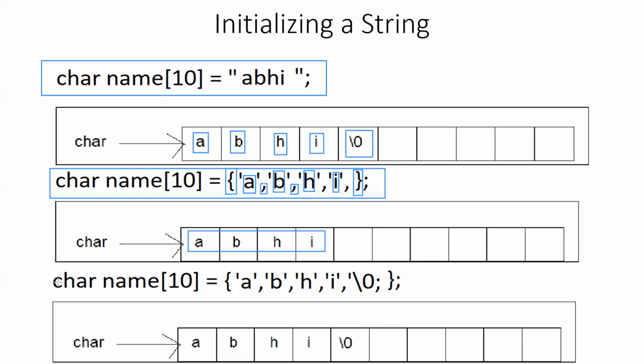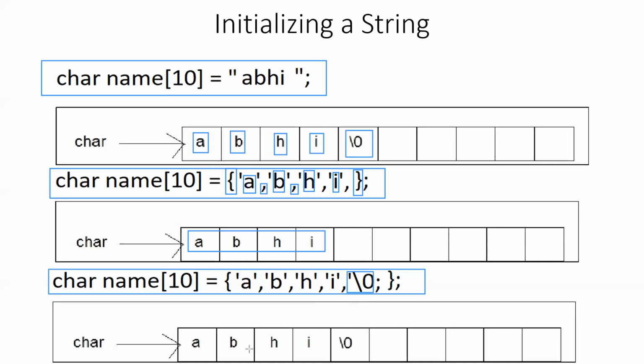So what is the solution for that? Look at the third example. Here we are again using single quotes to initialize the character array, and the null character has been manually inserted at position number 5.